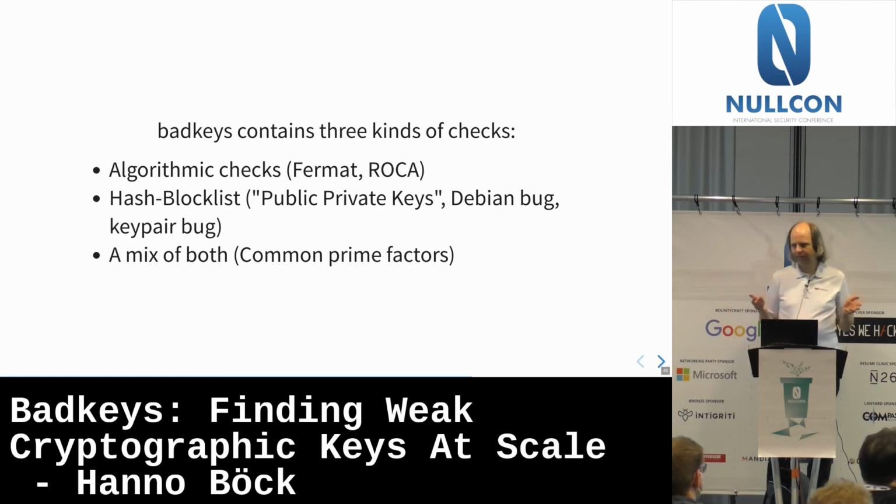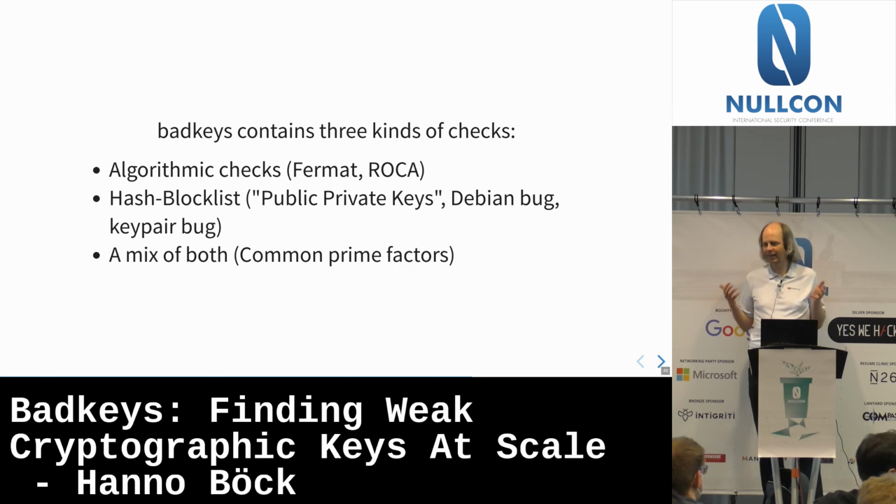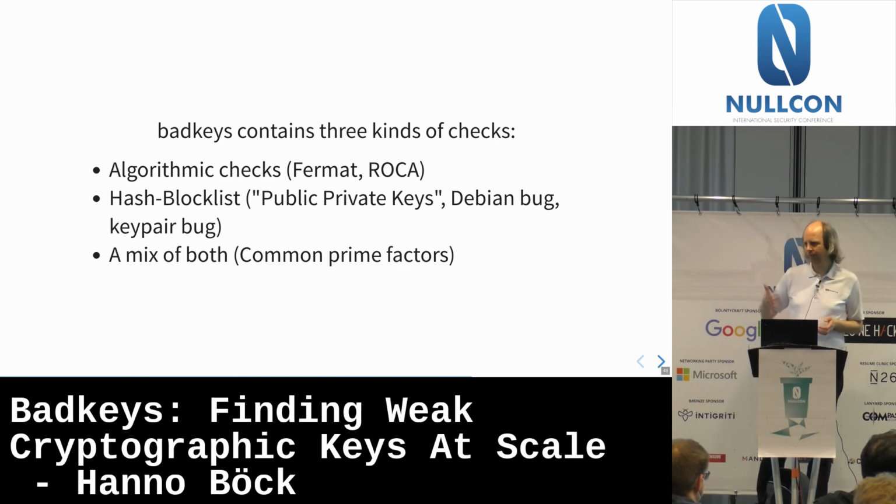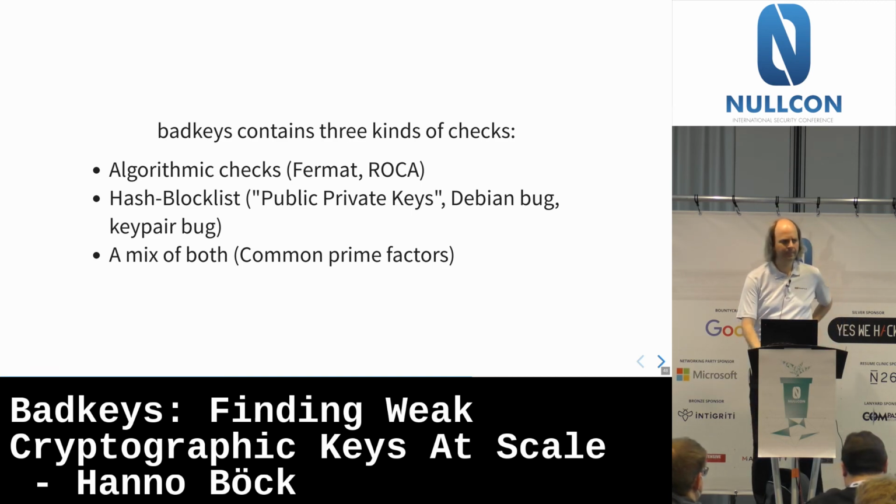And then I have these hash block lists, where I just have hashes of keys that are broken. This is for these public private keys, but it's also for things like the Debian Bock or the keypair bug, where you can just iterate over all the keys generated by a vulnerable implementation. And then I have one thing which is kind of a mix of both, which is this common prime factor vulnerability, where I'm comparing against a list of known prime factors.